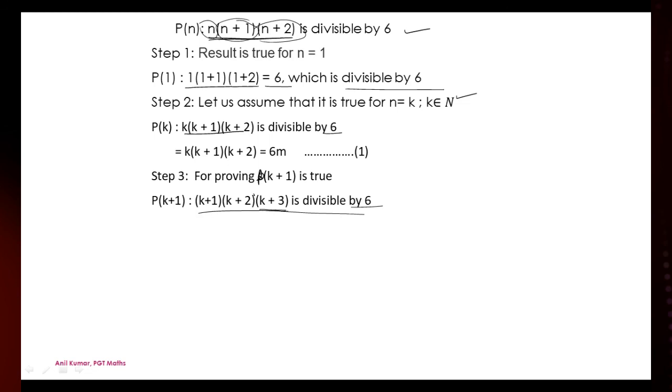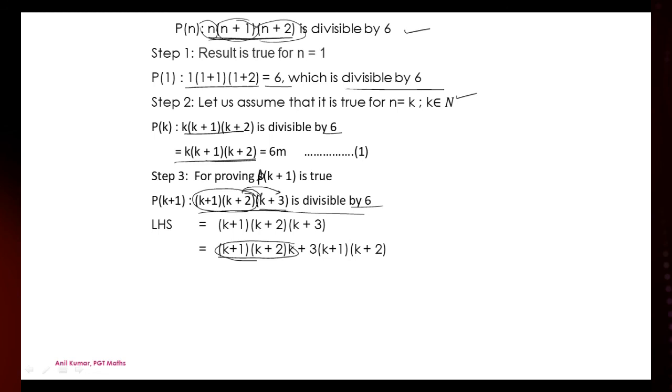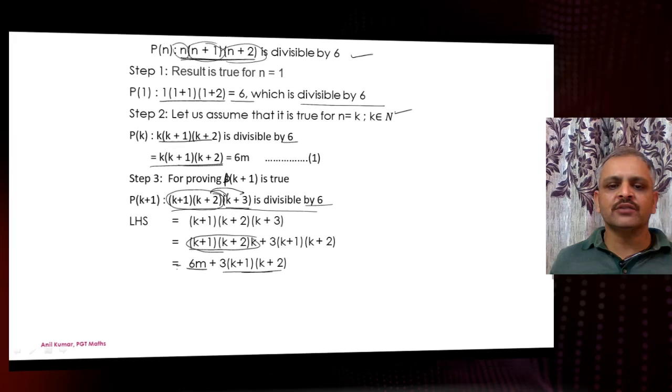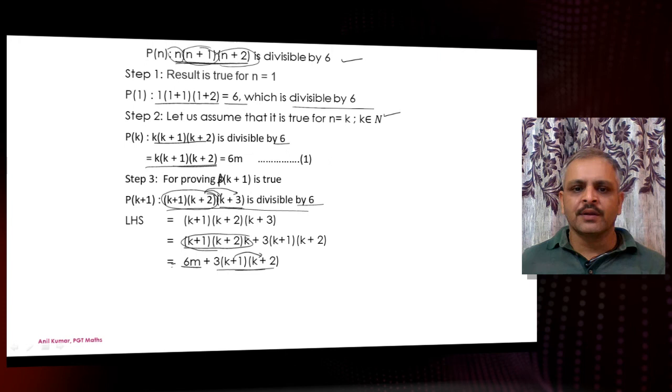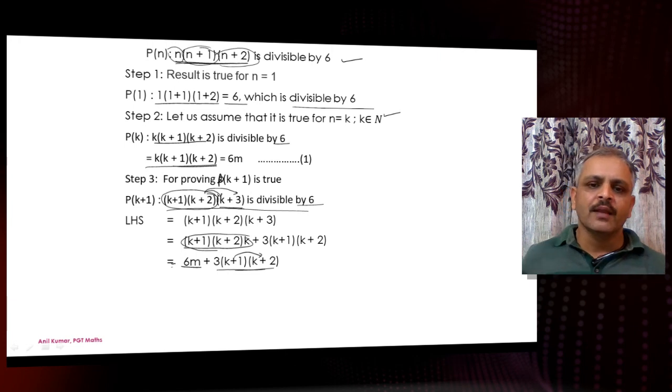And for proving that, what I will do, I'll take it as a unit and I will multiply it with k first and then second by 3. So how will this help us? Because I can put the value of this term from equation number 1. As I know that this is equal to 6m. And from the remaining part, if you observe, these are two consecutive numbers, k plus 1, k plus 2. And out of any two consecutive natural numbers, one will be even.